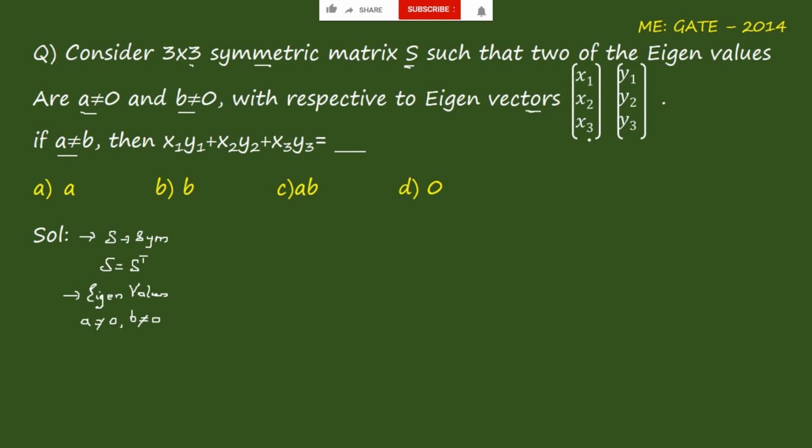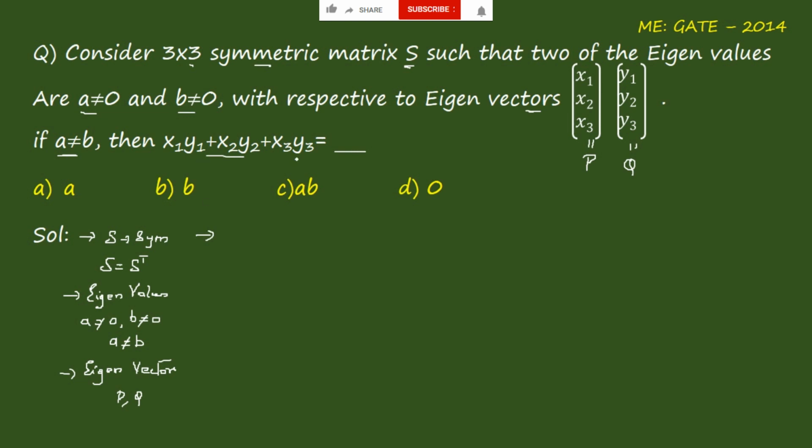If you consider this as a P matrix and this one as a Q matrix, then they are given the eigenvectors as P and Q. Again, they are saying if A is not equal to B, so in eigenvalues, they are given A is not equal to B. Then they are given the equation, and we have to find what it is equal to.